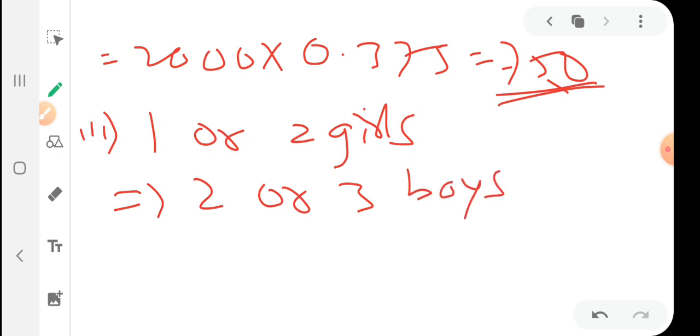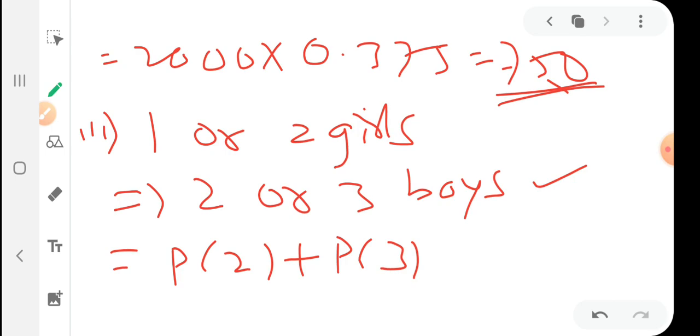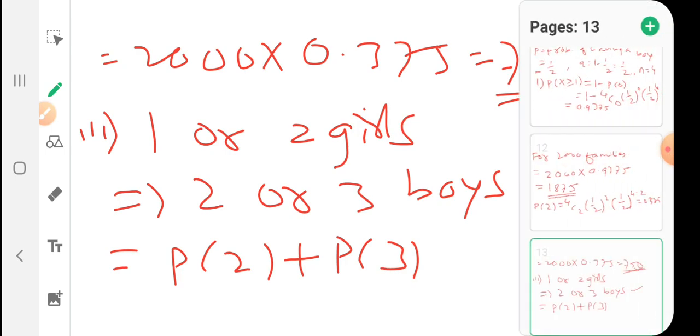If one girl is there, means three boys are there. Two girls are there, means two boys are there. Because our probability we have taken for boys. This is the change. Two or three boys means P of 2 plus P of 3.